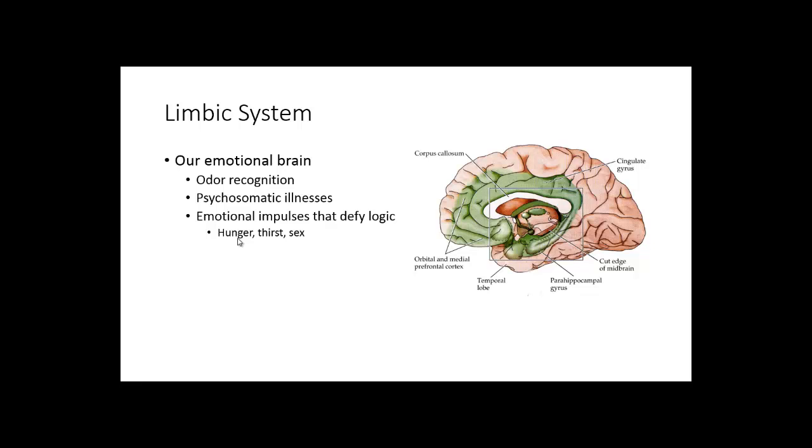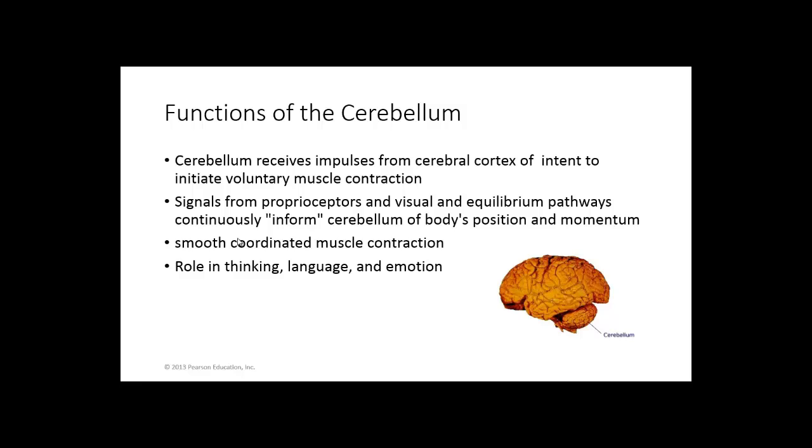Another part of the brain, as we work our way down, is the cerebellum. Remember, that's this little brain that comes off the back of the brainstem, and it works to initiate voluntary muscle contraction. So it is part of the pathway descending from the cerebral cortex to control muscle contraction. It also gives information from proprioceptors.